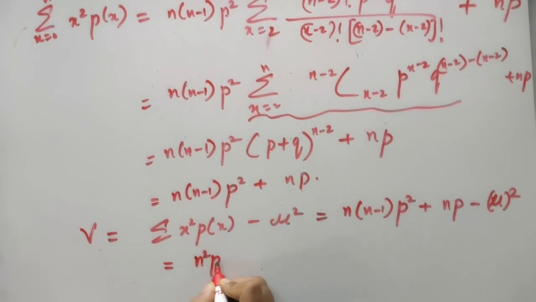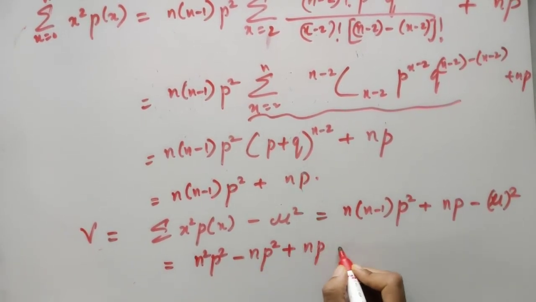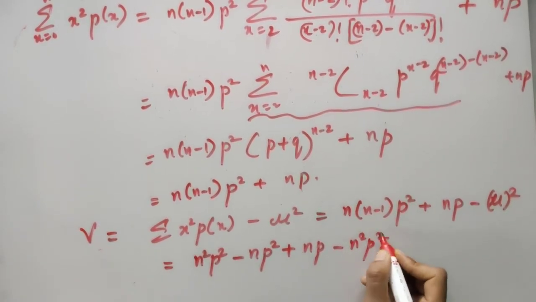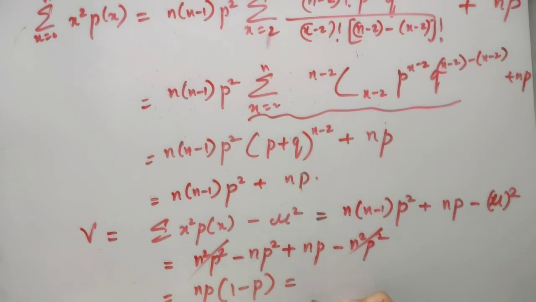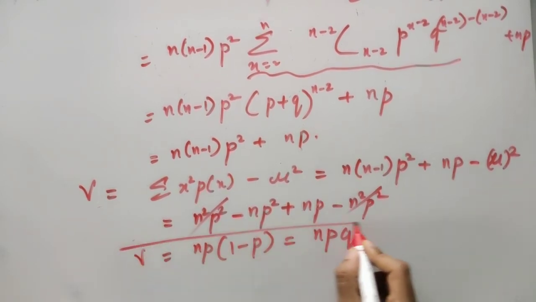It will be n square p square minus n into p square plus n into p minus mu, which is n into p. N into p whole square is n square p square. Now this gets cancelled. You can take n into p common. It will be 1 minus p, and what is 1 minus p? It is q. N into p q you get. This is the variance V. Okay, so variance V is equal to npq.